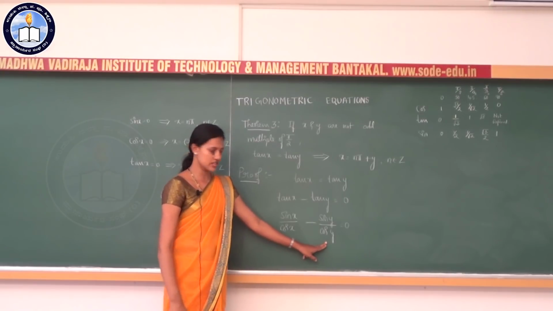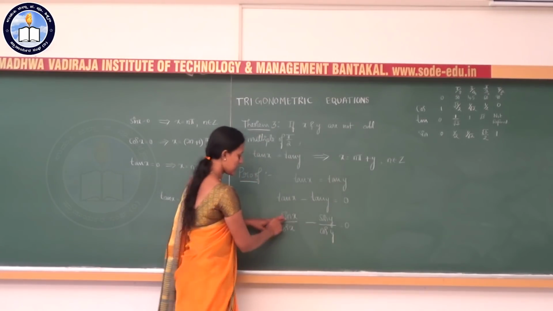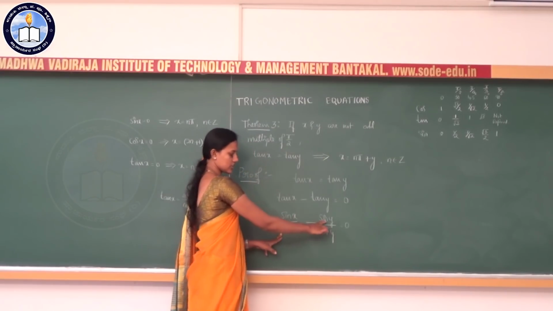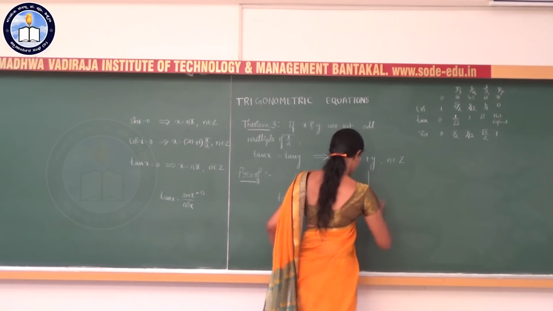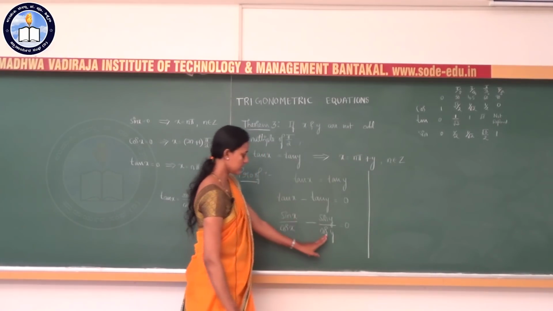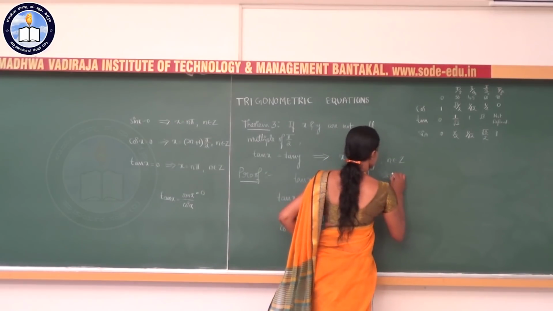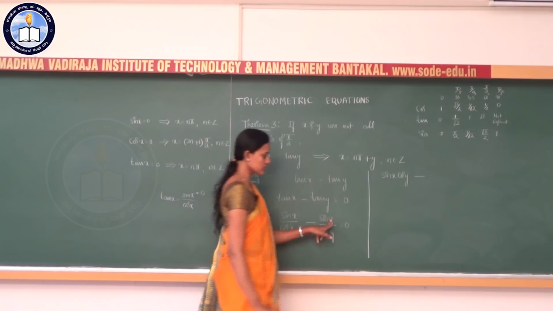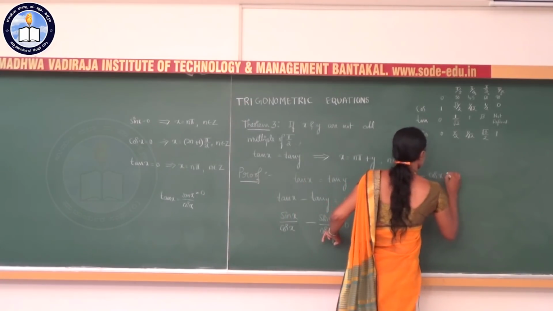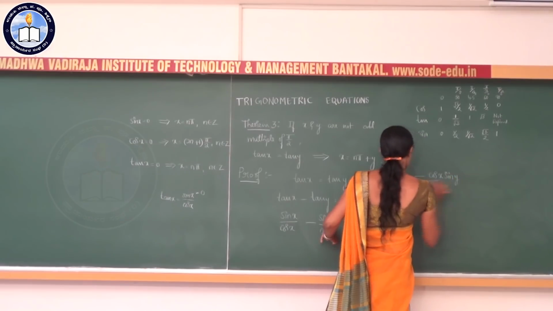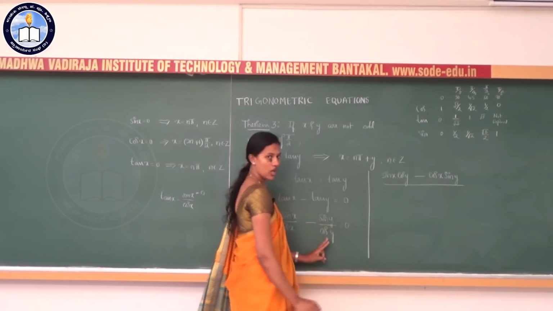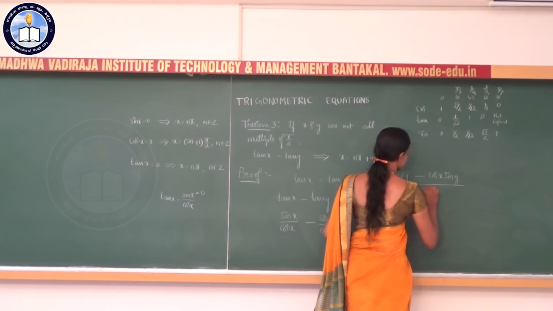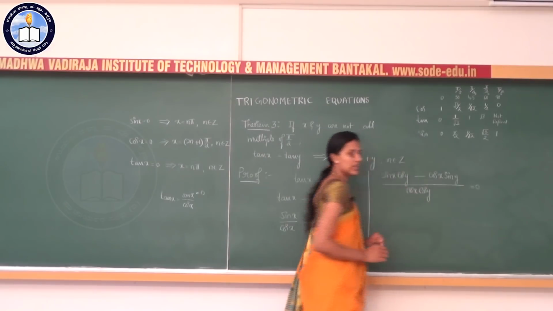Take LCM in the left hand side. So, sin x into cos y minus cos x into sin y is the numerator. The denominator is cos x into cos y, which is equal to 0.